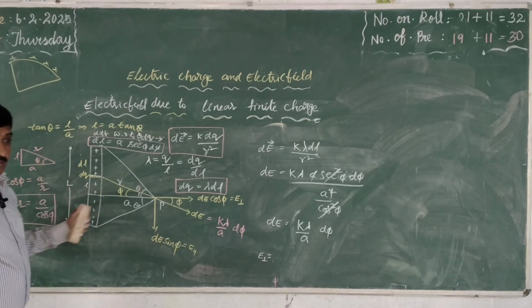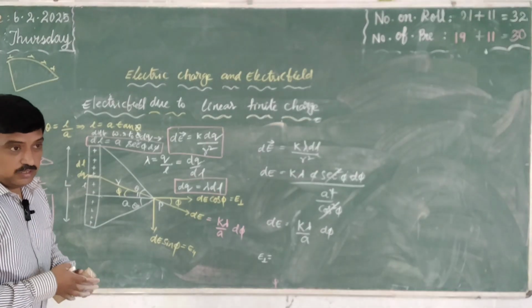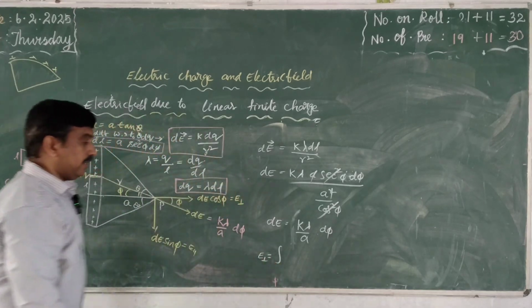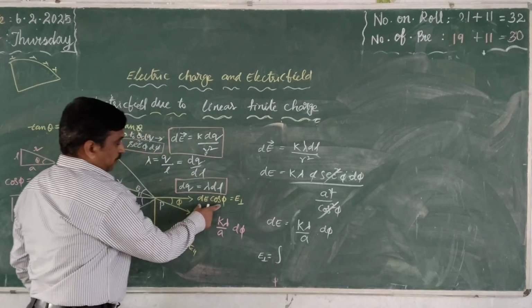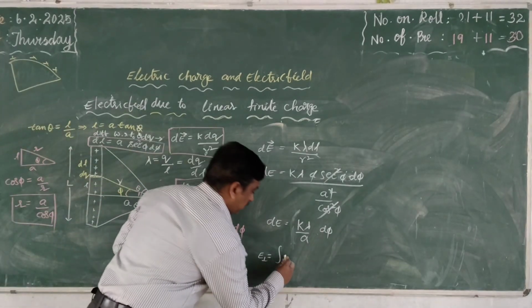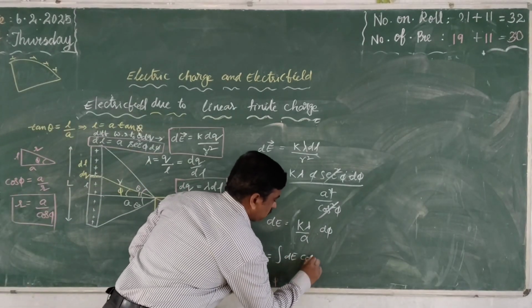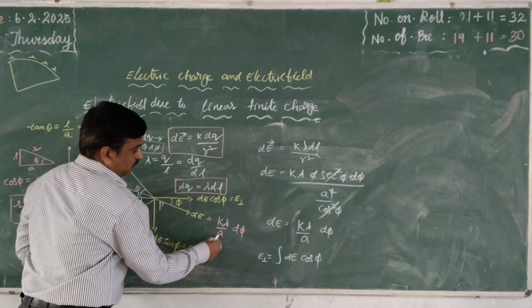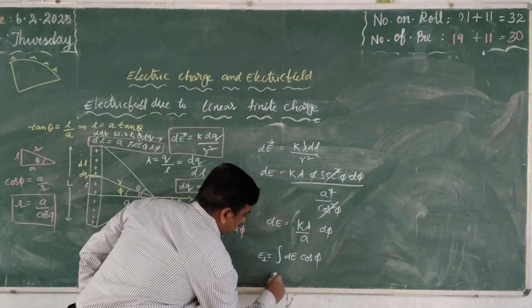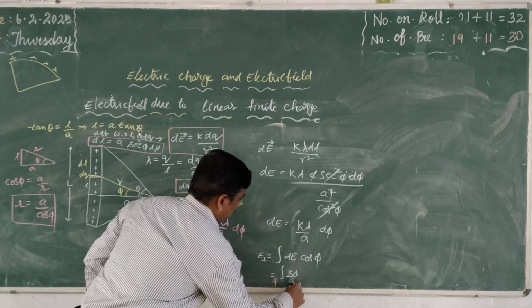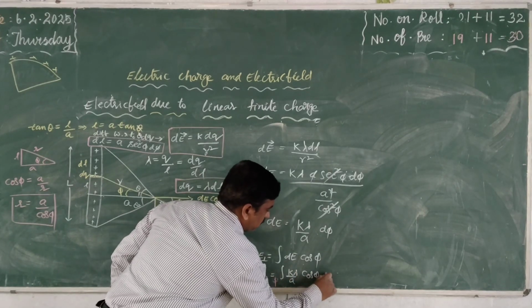So for adding them all, we write the integral. The perpendicular electric field for this linear finite charge is the integral of dE cos phi, where dE is k lambda by a d phi. So I write the integral of k lambda by a cos phi d phi.